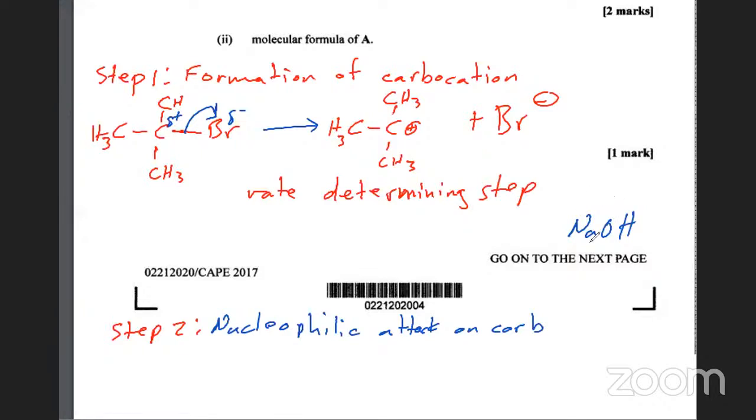But remember, when you have a solution, the ions are not together. In terms of an equation you will see sodium hydroxide, but in terms of the mechanism, the sodium ion is separated from the hydroxide ion. So the hydroxide ion is your nucleophile, attacking the carbocation. Just remember, if this mechanism should come, the bromide ion is not your nucleophile. All right, so let's continue.